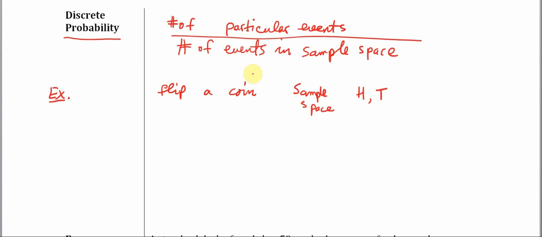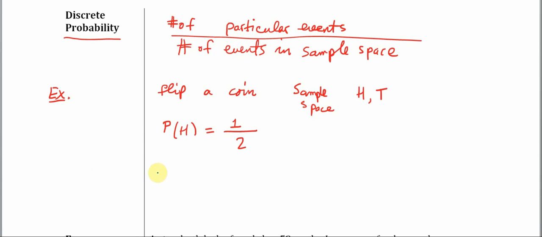So the number of events in the sample space is two, and if you want to know the probability of a heads, there's one possible way for you to get a heads, and the number of events in the sample space is two. Okay, so hopefully that clarifies the vocabulary.